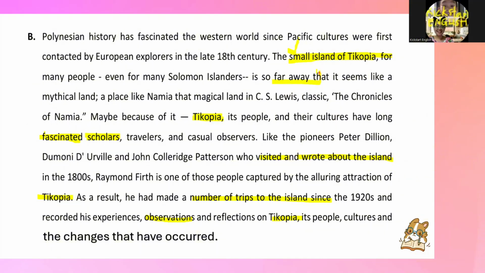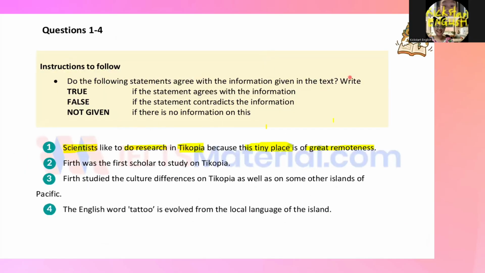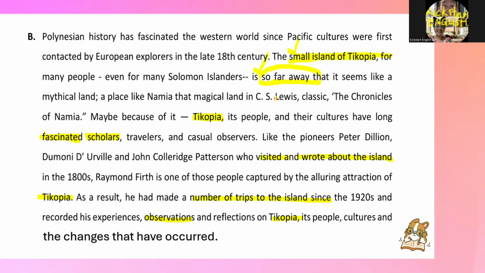So we have the word so far away. This is another keyword. So far away is synonymous to great remoteness. Okay, we found two keywords. Therefore, our answer is in paragraph B.